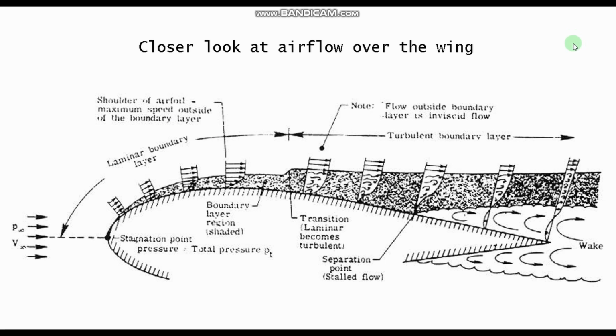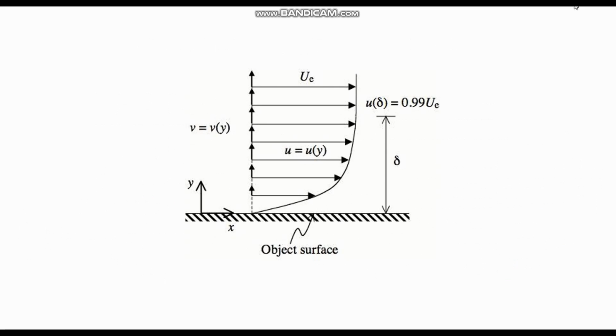Now, taking a closer look at how air flows over the wing, here we have the stagnation point, where you're going to have the separation of airflow, one portion that would go over the wing, and the other would be going below the wing. Here is a better example of a boundary layer.